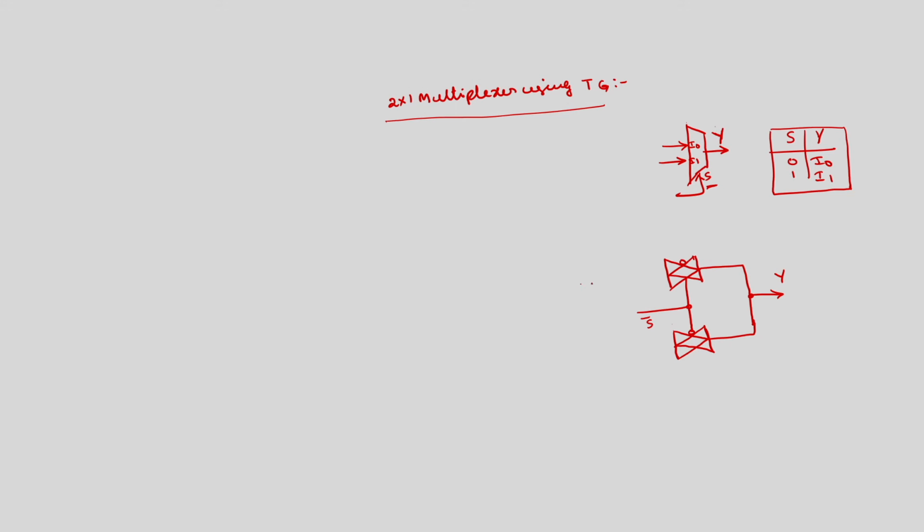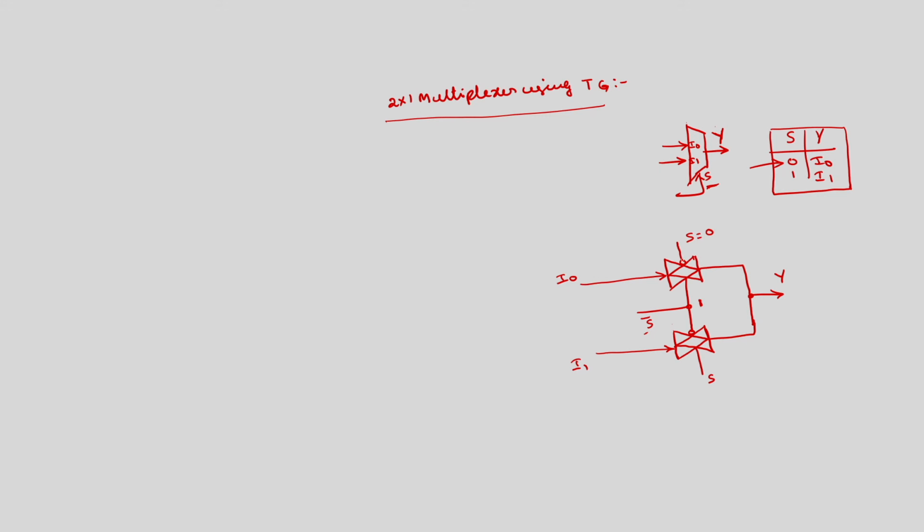The inputs are, this is I0, this is I1. These two will be connected to S directly. Here this is the complement of this. We can easily see the operation: when S is equal to 0, this is equal to 0, this is equal to 1. Okay.